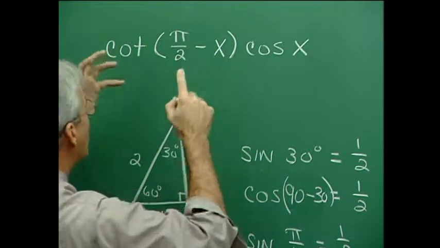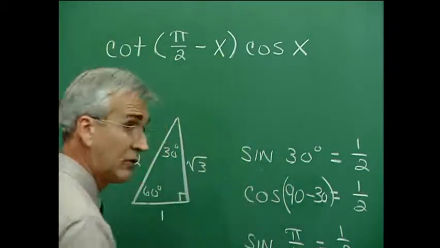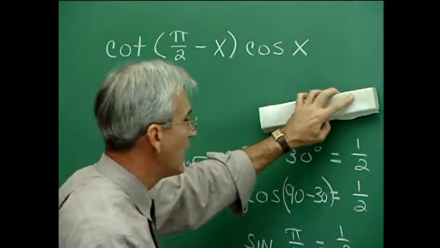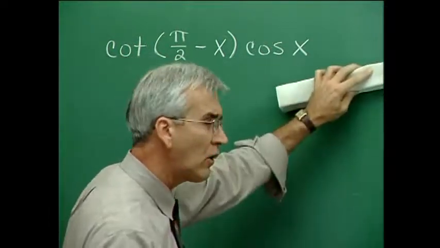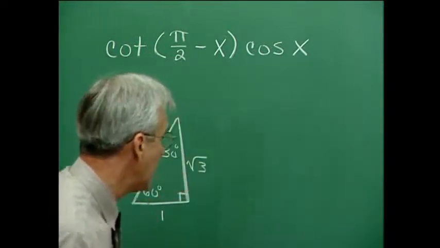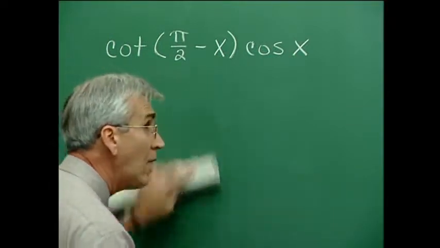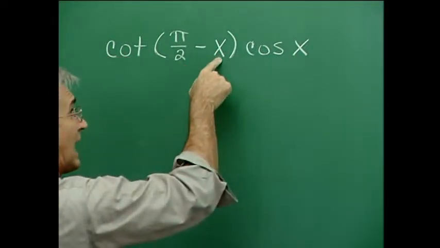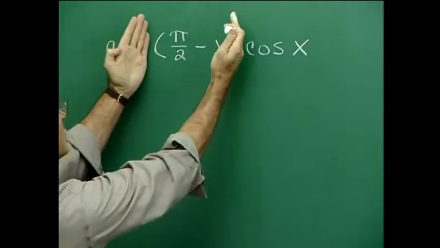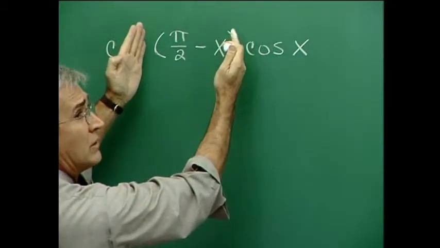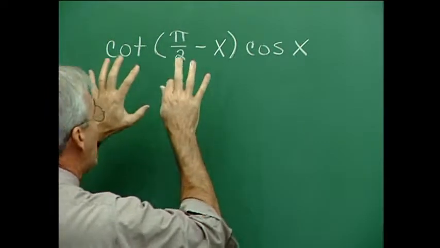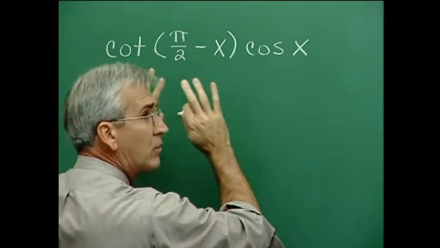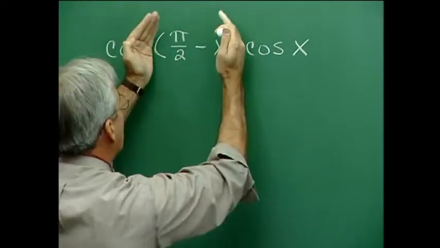And when we see a binomial like this, it seems a little confusing at first, until we realize that this is precisely the calculation needed to generate the complement of the angle x. That is, all this is the complement of x, and so this can be rewritten in a very simple way. Now let me go through the algebra of writing the complement of that angle.